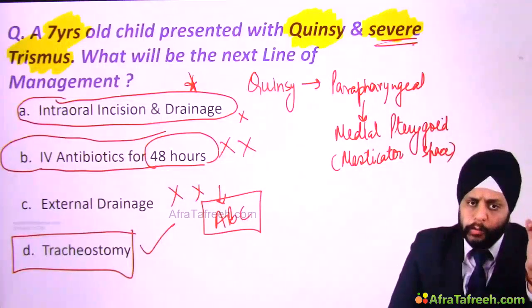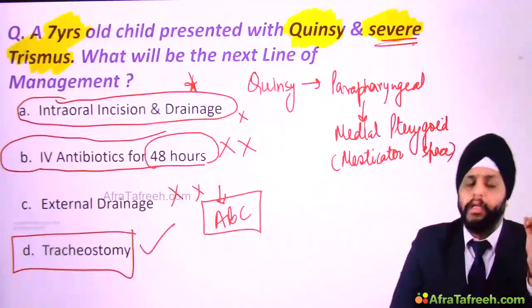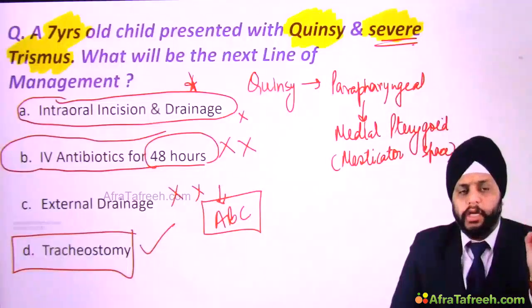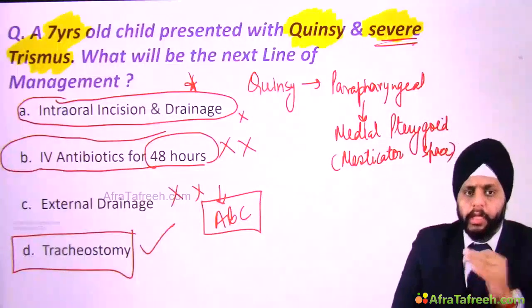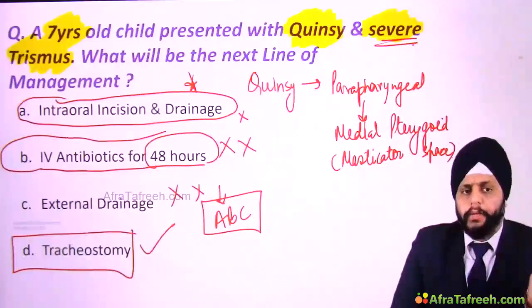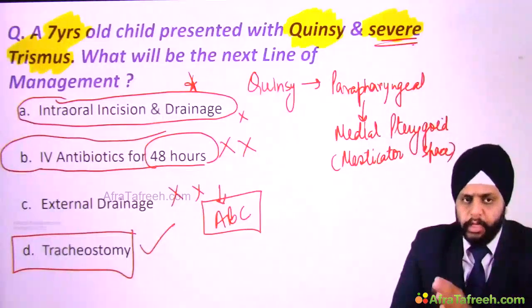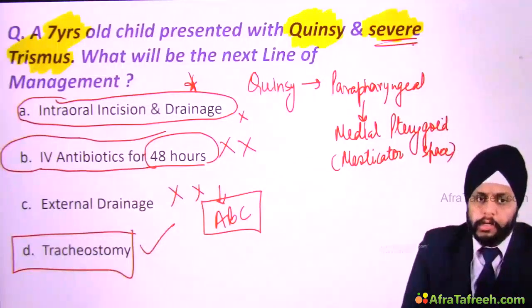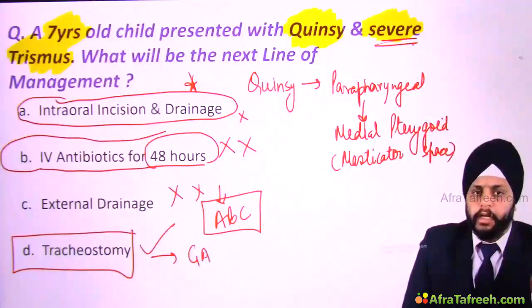Can you do a tracheostomy without general anesthesia? Yes, you can. Under sedation, the anesthetist will put the child into sedation and within a few minutes, you can complete the whole tracheostomy. Thereafter, the anesthetist can take over and through this tracheostomy, he can give general anesthesia.